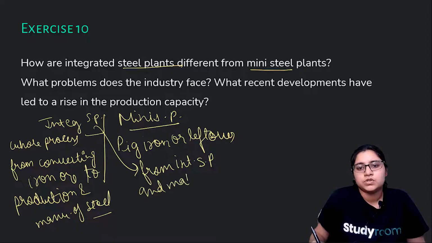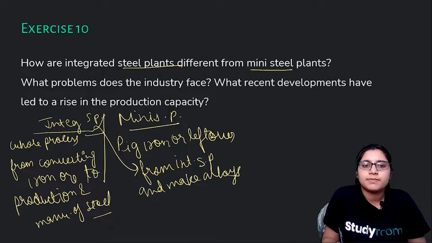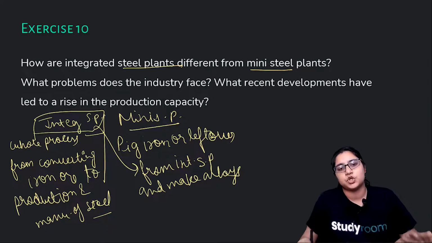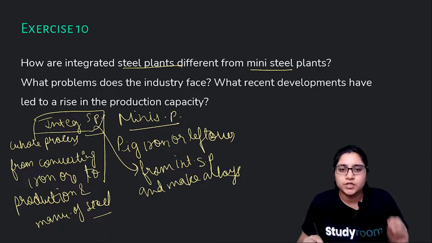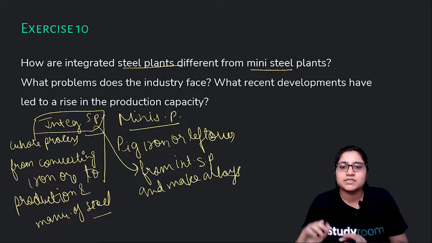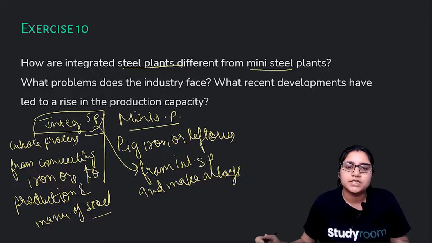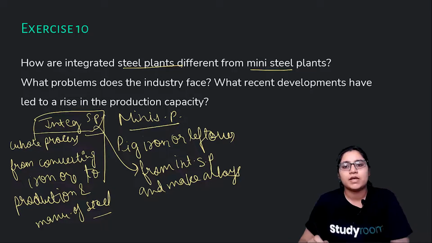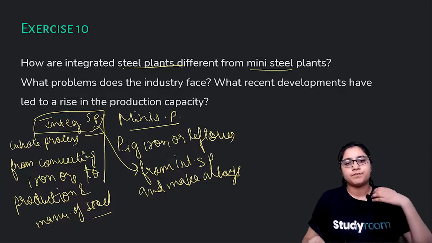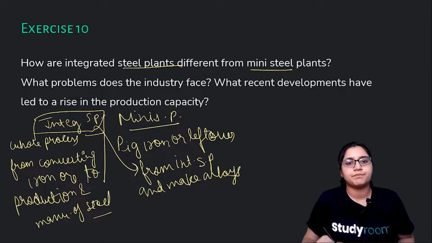So integrated steel plants do a vast job from converting iron ore to producing steel, while mini steel plants get their raw materials from the integrated steel plant, that is pig iron or leftover, and then they make alloys, which becomes really simple for them.